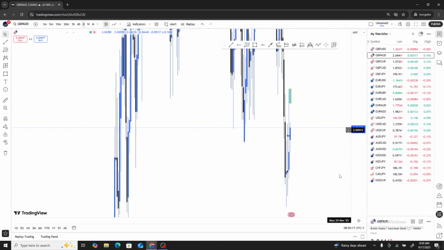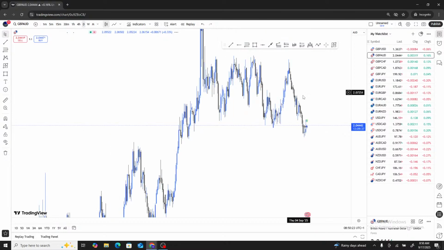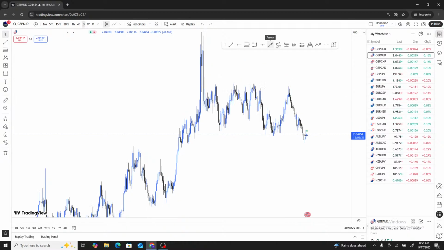like the daily, you see that even in the daily, price has been moving down. Price consolidated, did some consolidation, broke structure, then did this lower high and the lower low.